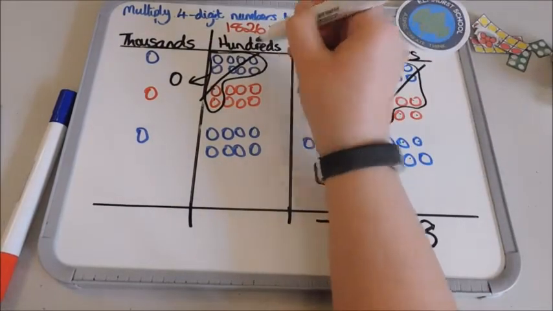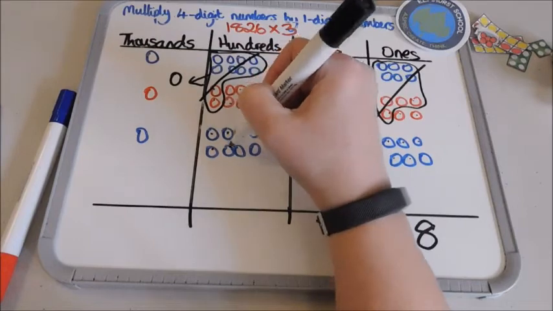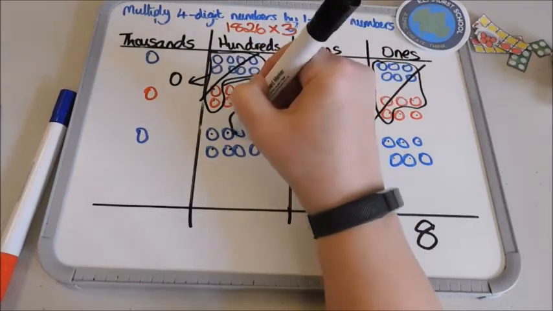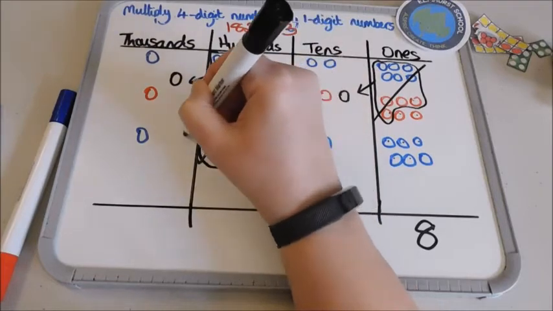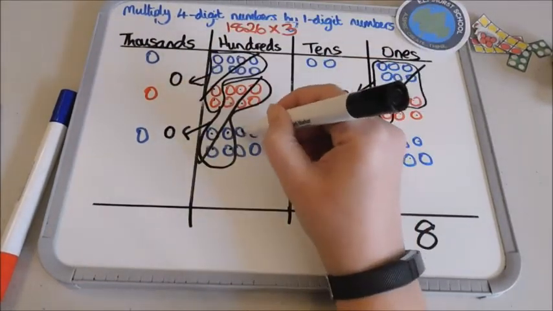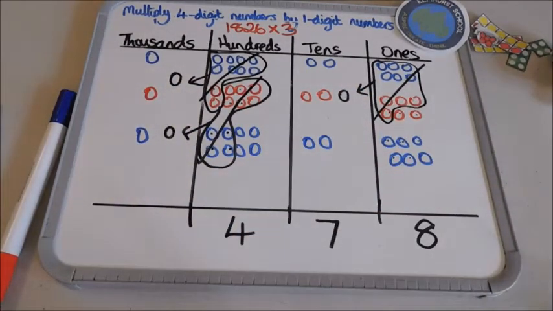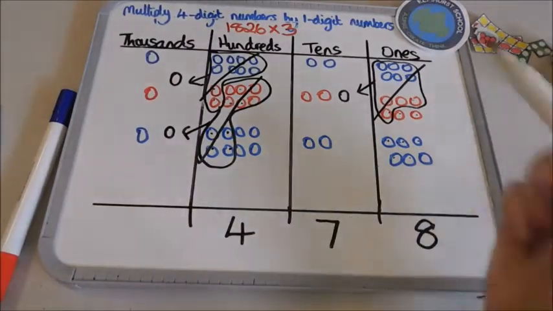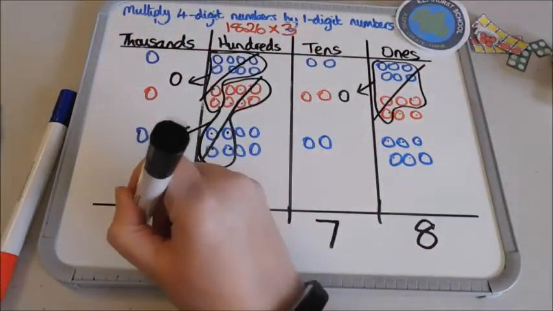That's that one done. 1, 2, 3, 4, 5, 6, 7, 8, 9, 10. So that is another 1,000. And then I've got these 4 left. Okay, and then I repeat the process in the thousands. 1, 2, 3, 4, 5. I'm allowed 5 in the column.